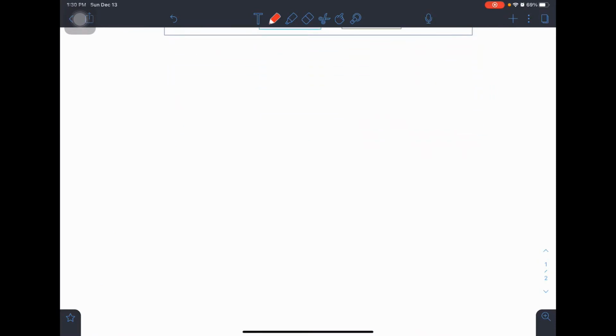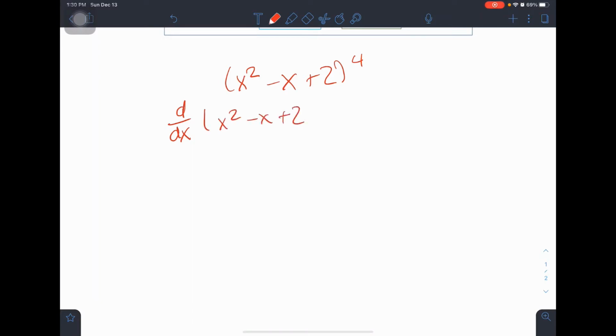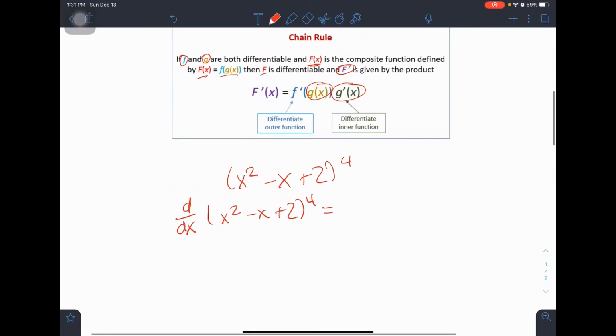Well, if we take the function, for example, x squared minus x plus 2 to the fourth power, and we take the derivative of this function, we take the derivative of the outer function, which in this instance would be this exponent.